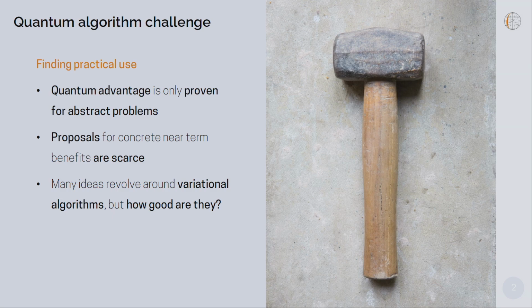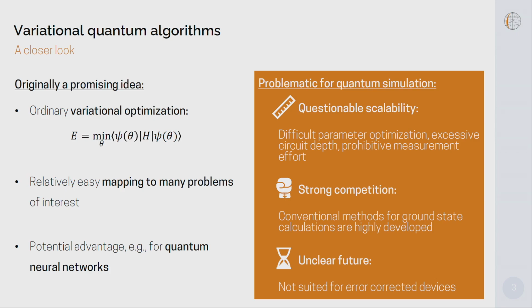I introduce this a bit because the proposals that are there are relatively scarce, in the sense that there's not a large variety; many of them are based on variational algorithms. And at HQS, we always had this question: variational algorithms, what can they do, what can't they do?